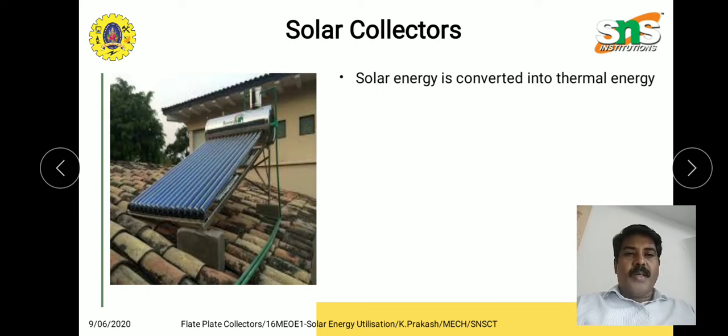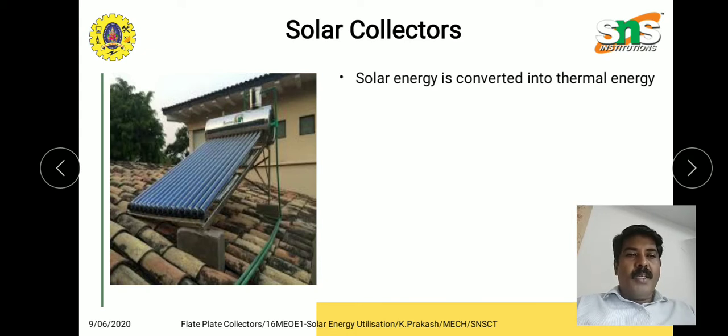In many places we directly use LPG gas for heating the water. But what is the drawback in this? We are wasting a large amount of heat energy in the form of energy generated from various available sources.